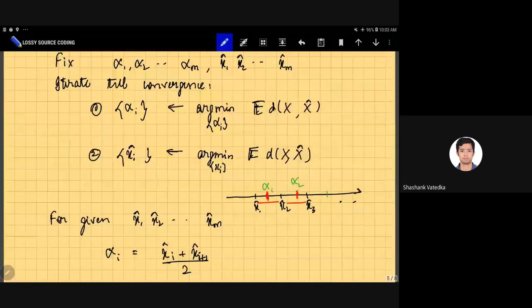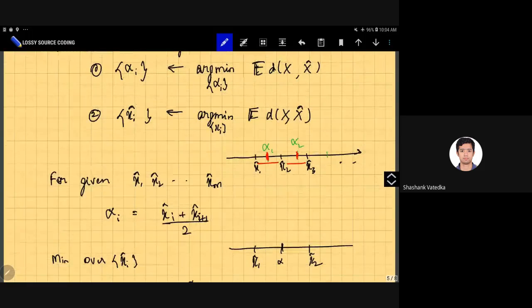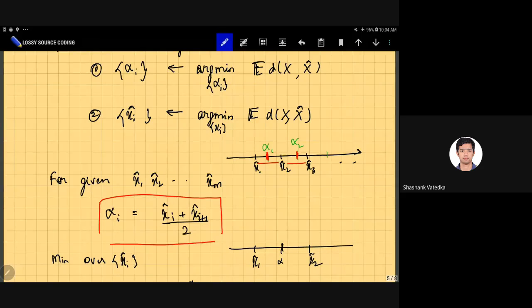You first fix alpha 1 through alpha k and x1 hat through xm hat. The alpha i's are the thresholds and the xi hats are the various levels. At each step, we chose alpha i to be (xi hat plus xi plus 1 hat) by 2, basically the average of two adjacent levels.